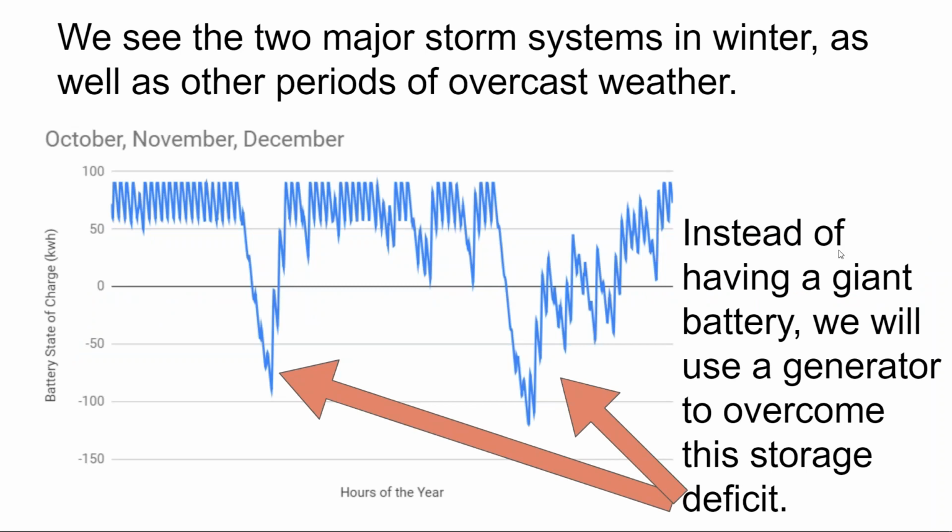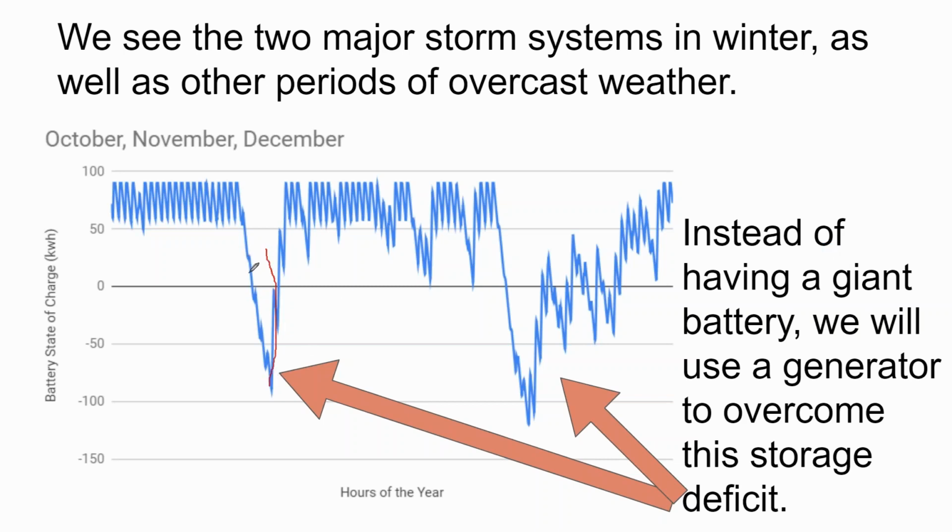And so it becomes very apparent what our multi-day storm cycles are. This is day 1, 2, day 3, day 4, day 5, and then come back up. And so rather than have 5 days' worth of storage, that's when we use the generator to crank it all the way back up.